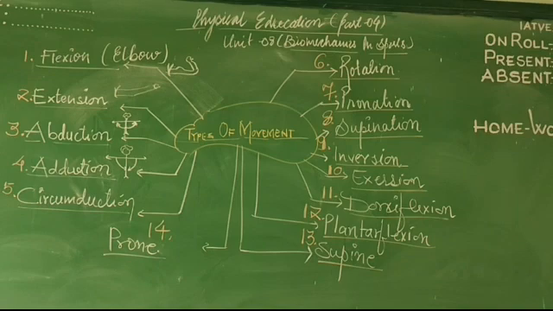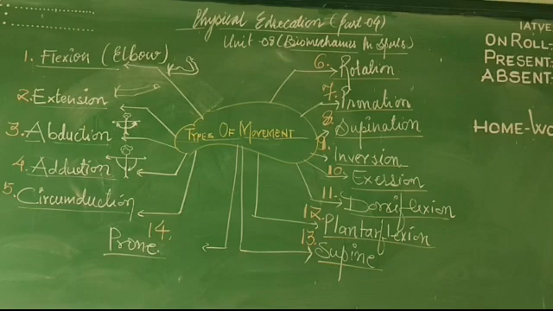Next thing, very important thing that now I am going to tell you is about circumduction. Okay, तो circumduction क्या है? Circumduction refers to the conical movement of the body part, such as at a ball and socket joint.